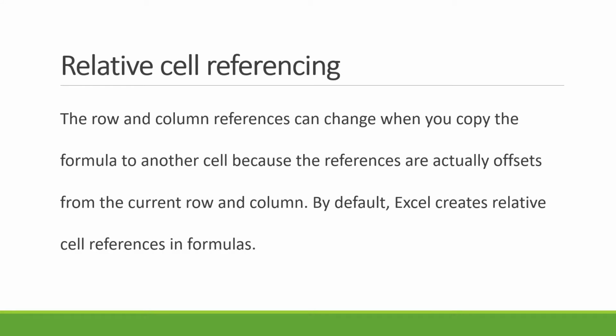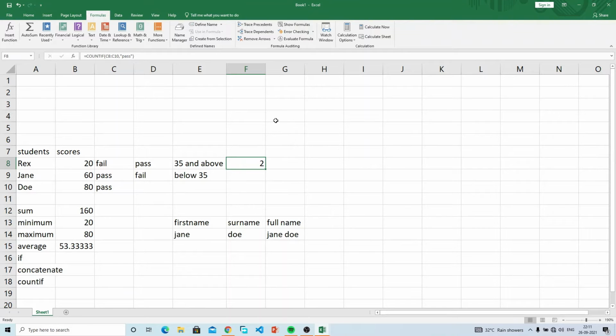So what this simply means is if you have a formula here, let's say there is a formula, and what we did is we made reference to this cell when writing this formula. So when we autofill right here, what Excel does is it uses relative cell referencing to automatically change the cell names.